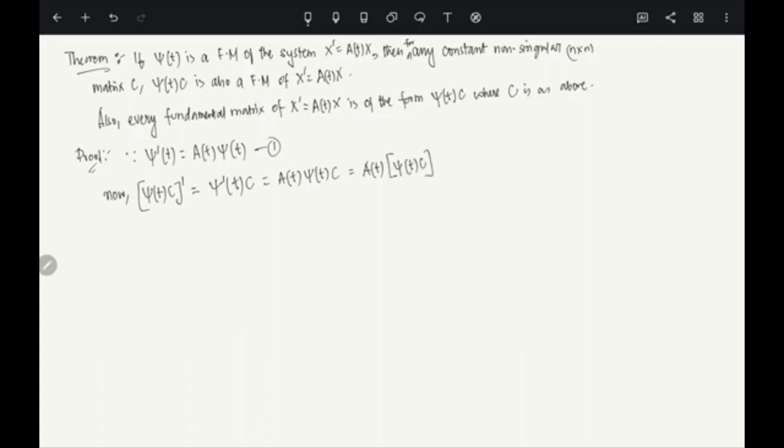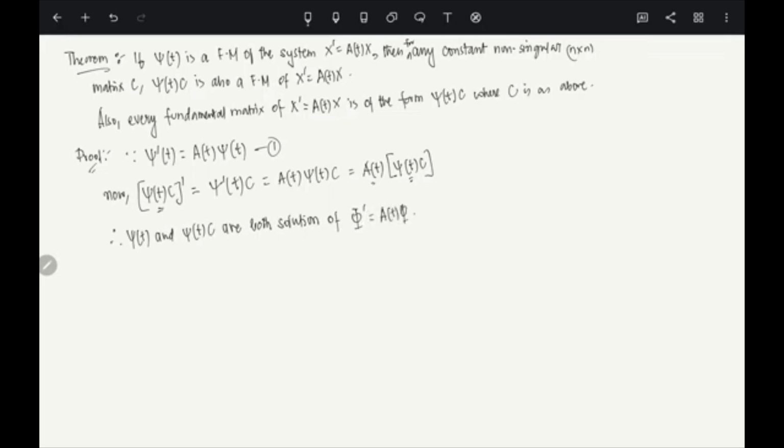Now phi t times C prime is nothing but A times phi t times C. Yes, therefore phi t and phi t times C are both solutions of the matrix valued differential equation, phi prime equals A times phi.